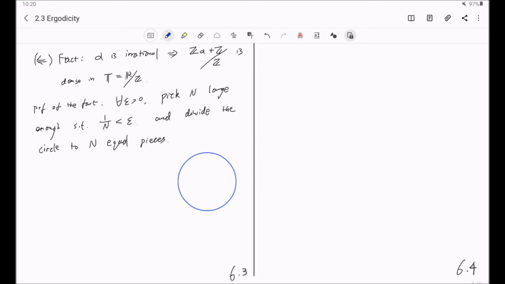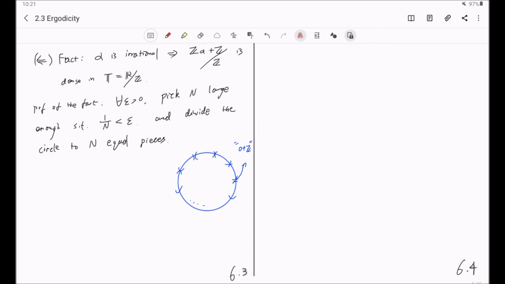Say this is your circle, and you're going to divide this circle into n equal pieces all the way back. Say this point corresponds to 0, 0 plus Z. The goal will be to use m alpha plus n mod Z to approximate any number on this circle.